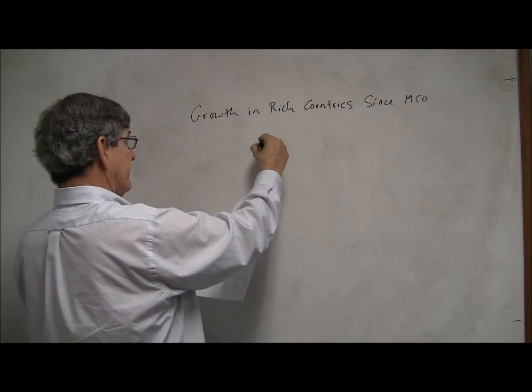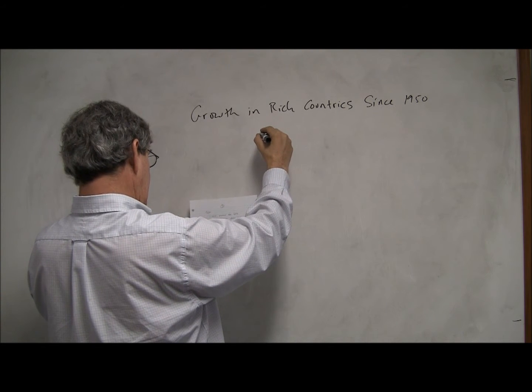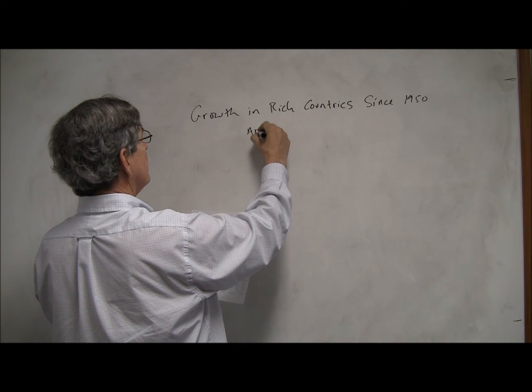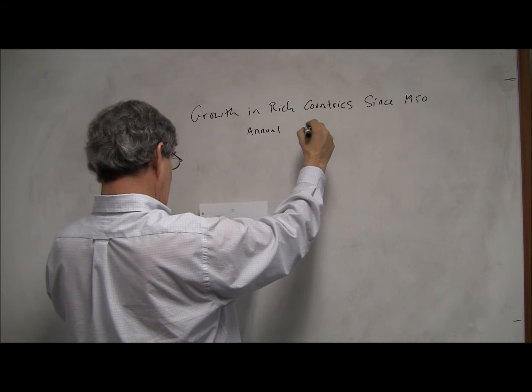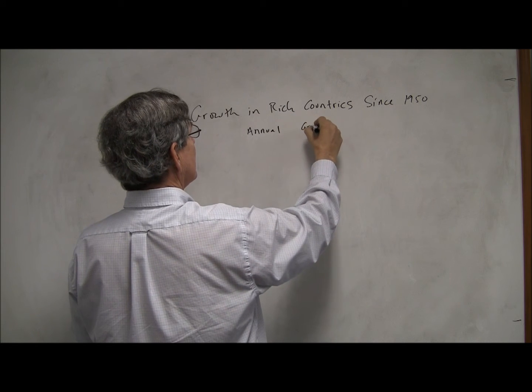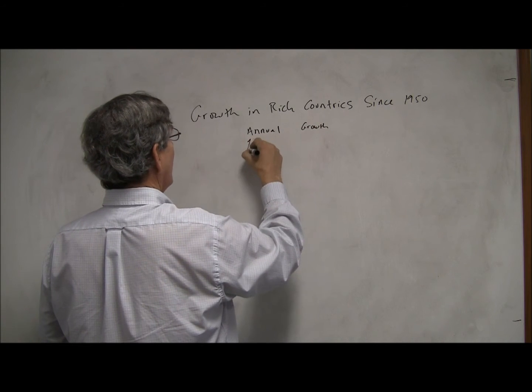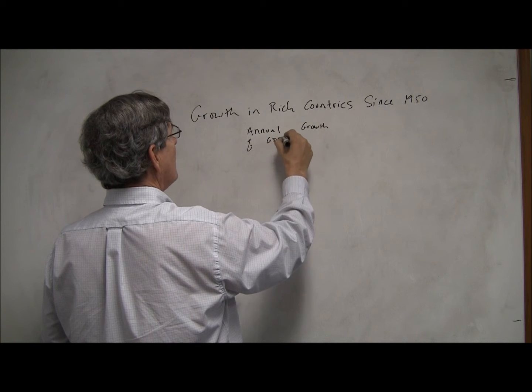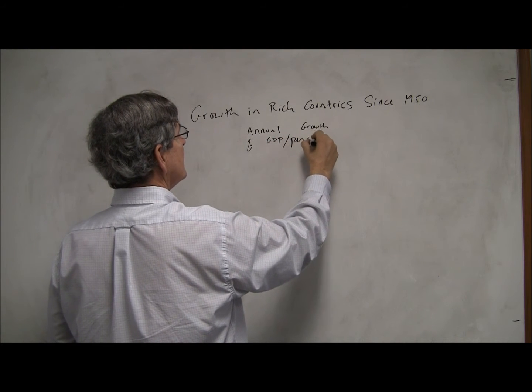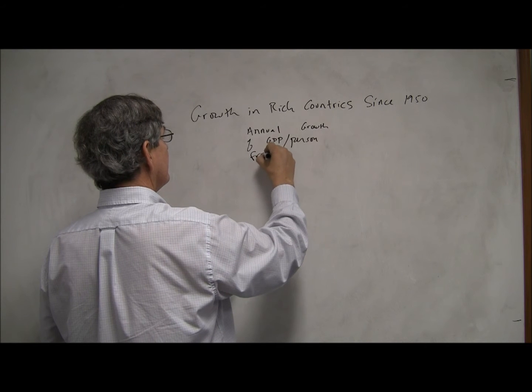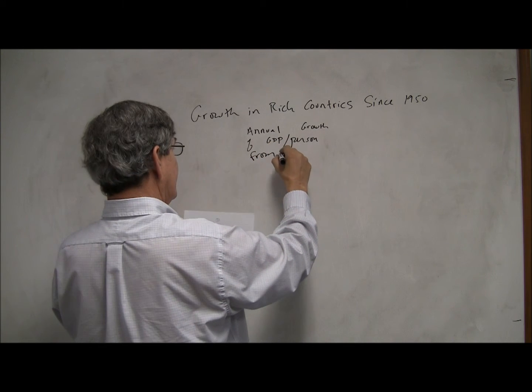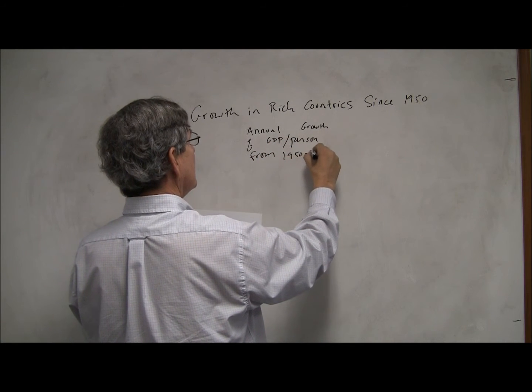So one column will be the annual growth rate of GDP output per person from 1950 to 2009.